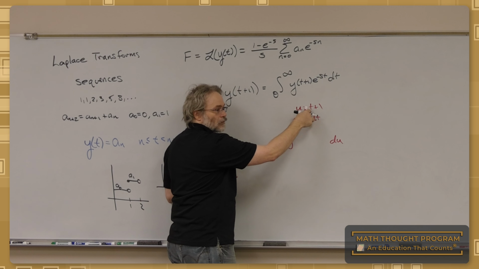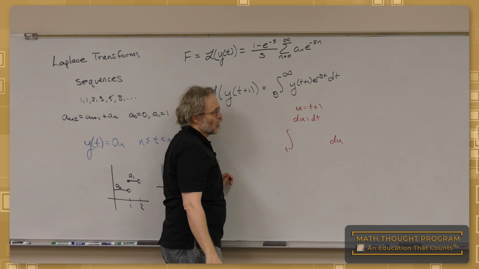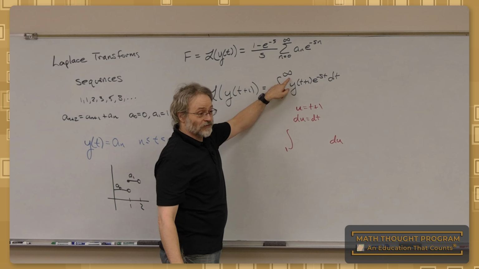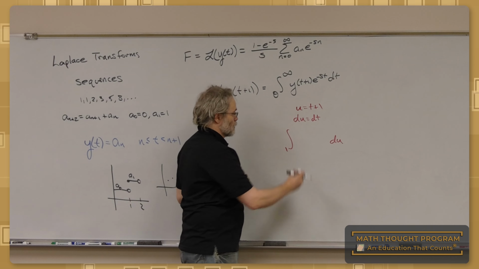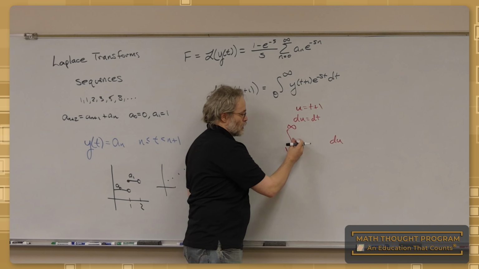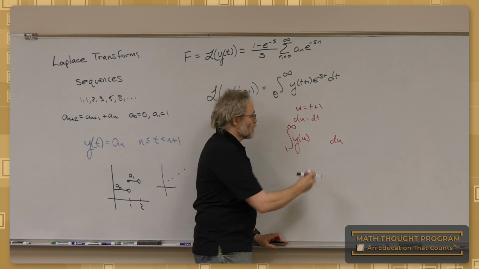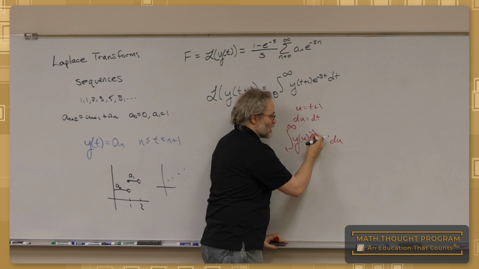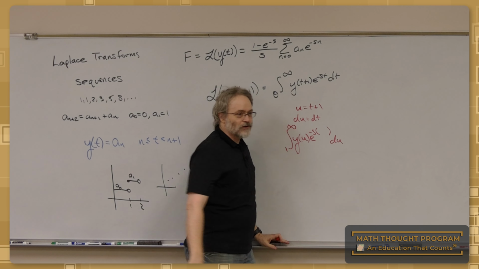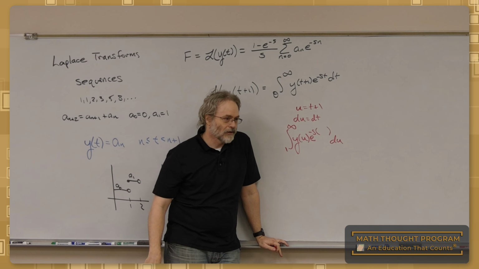The lower bound drops from 0 to 1. And if t is going off towards positive infinity, so is u. You're going to have y of u, and you're going to have an exponential minus s, and then you have to convert everything over.